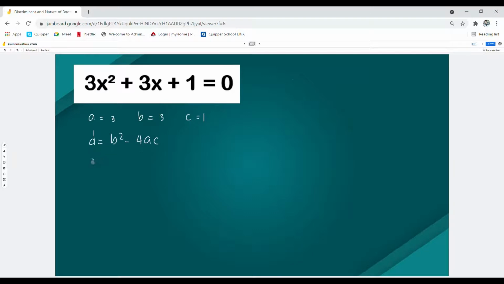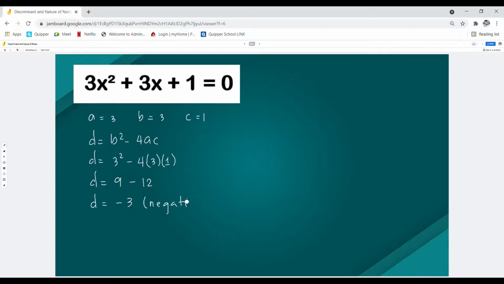So b squared is 3 squared minus 4 times, what is your a? It's a 3. What is your c? It's a 1. So 3 squared is a 9, and 4 times 3 is 12, times 1 is 12. So D is equal to 9 minus 12, which is negative 3. You see? It's negative.